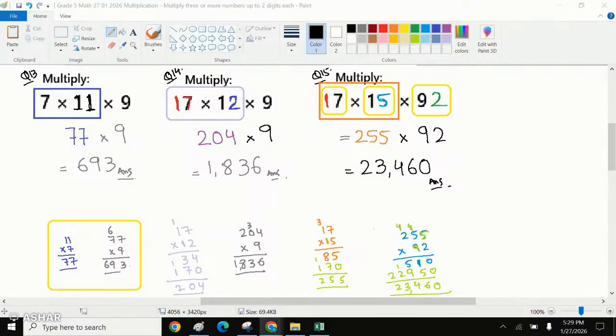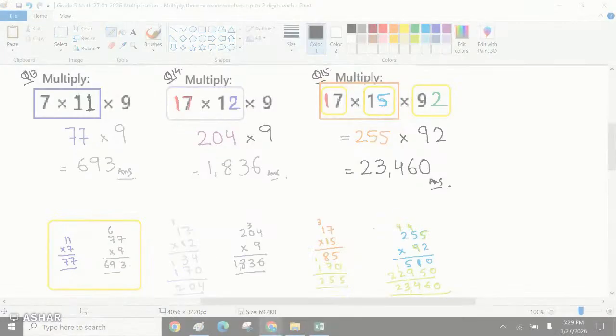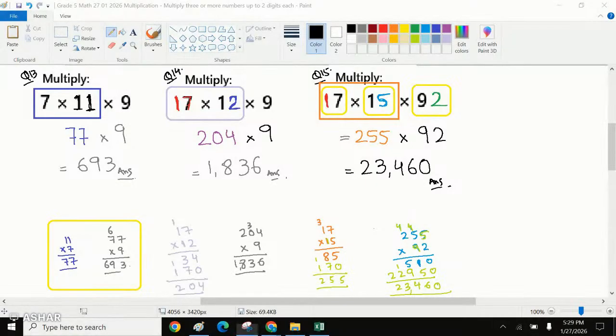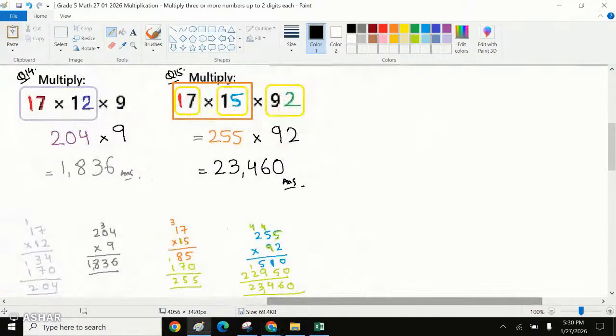The next question says 10 multiplied by 3 multiplied by 11. Let's see. It's an easy question. This is our question number 16.